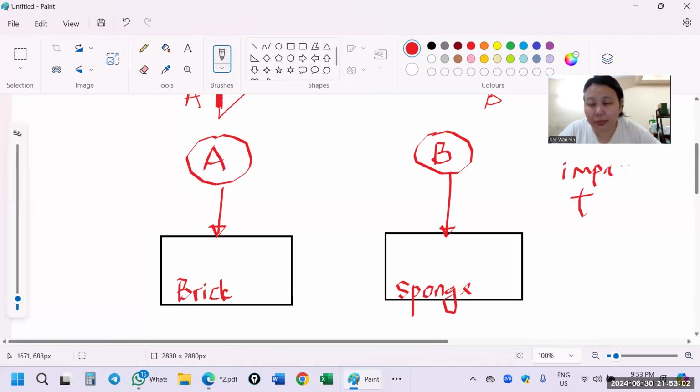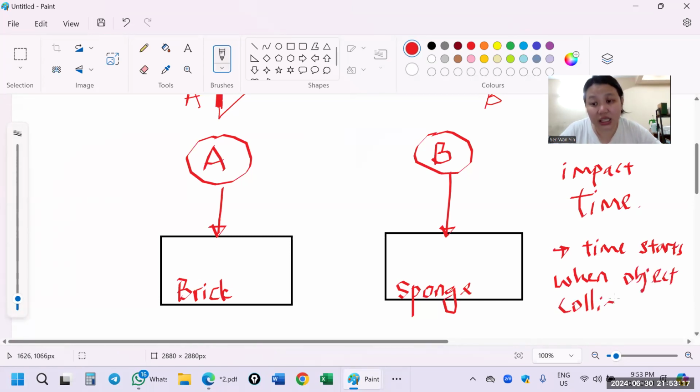This impact time is the time that starts when the object collides, collide means hit, until it stops. Okay, so let's say this brick is hard.